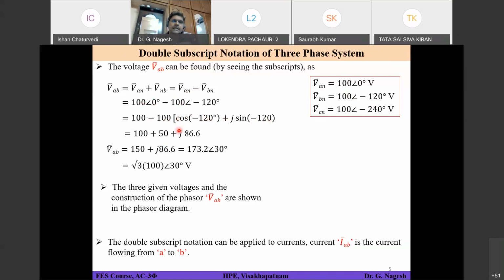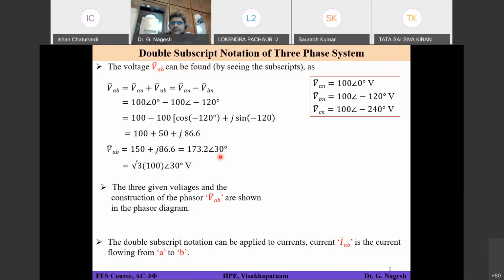Cos of minus 120, maybe you will get 1 by 2. So you will get 50 plus j 86.6, and if you solve this you are going to get 173.2 at an angle of 30 degrees. Okay, so 29.9 or 30, whatever it may be, it is equivalent to 30 degrees only, right? So you are going to get 173.2 at an angle of 30 degrees.